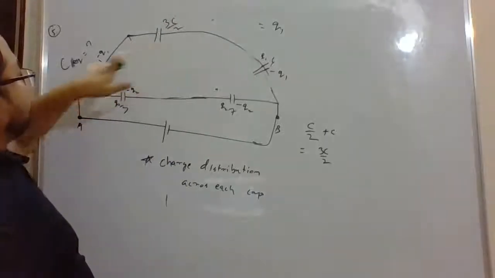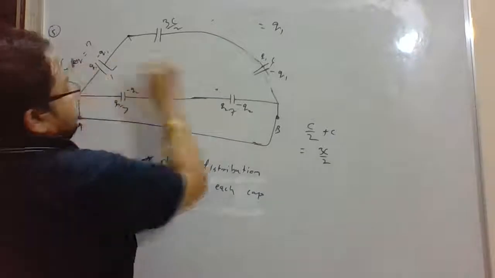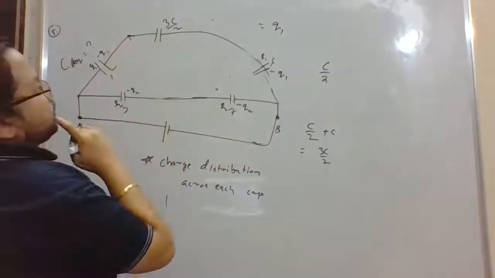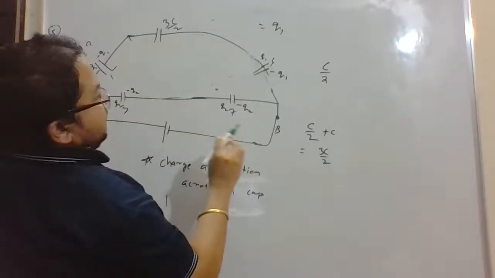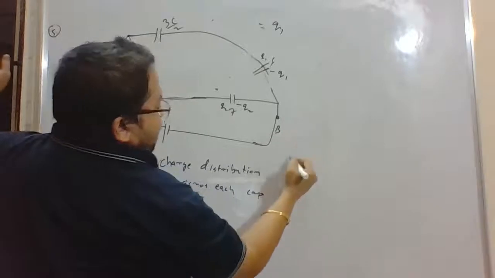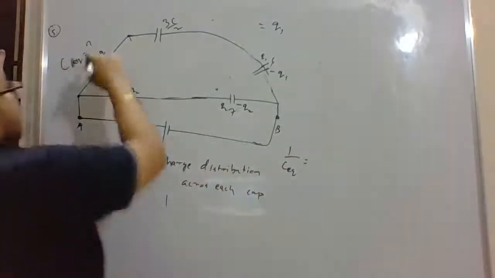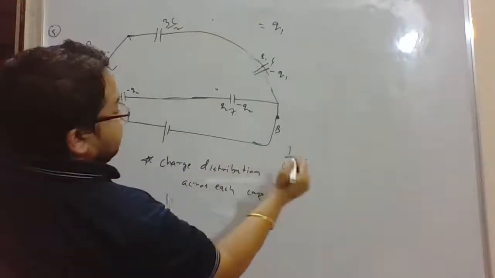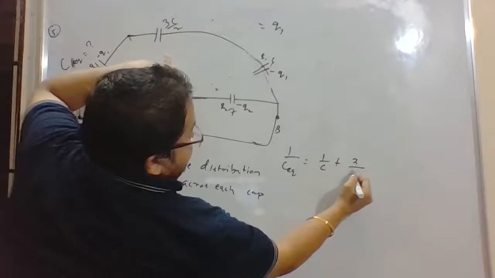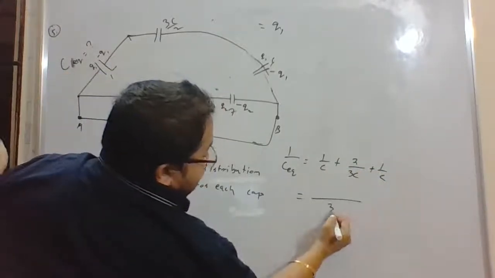Now 3C by 2, C and C, these are all in series. So your C and C in series, C by 2, C by 2, and 3C by 2 are also in series. So 1 by C equivalent of these three is nothing but 1 by C plus 2 by 3C plus 1 by C. So LCM is 3C.